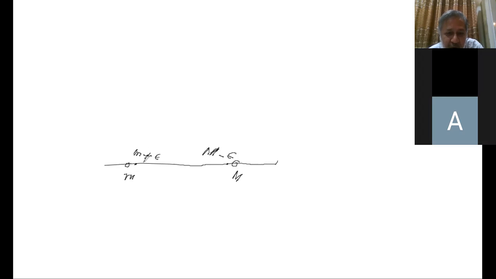As soon as you add something small to small m, the infimum, there has to be some elements between small m and m plus epsilon in this small gap. So m plus epsilon has to be greater than some element of the set, and capital M minus epsilon has to be less than some element of the set. This is what is being said here.